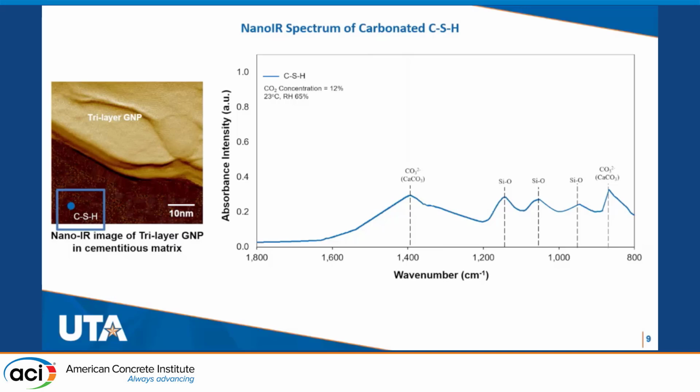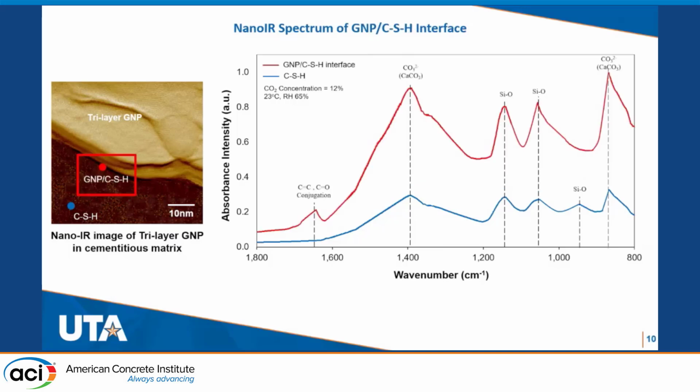Now, what happens if we move to the interface here between the graphenes and the CSH? This area here, again, has a width of 2 nanometers. Now, look at the peaks here. The calcium carbonate peaks here.